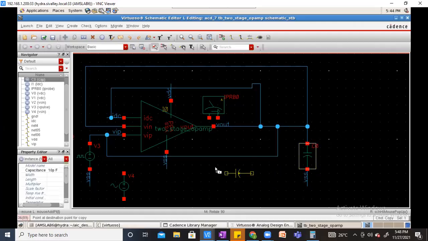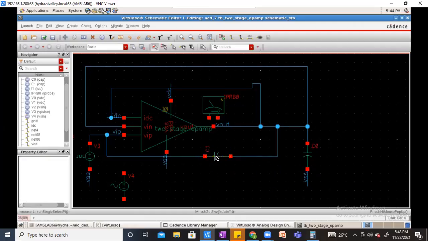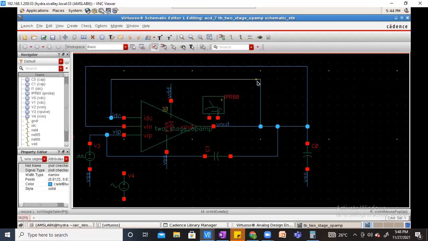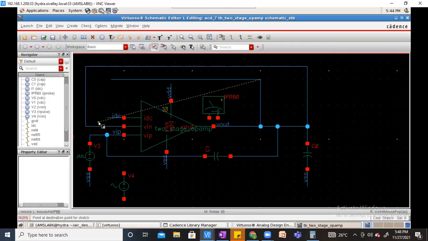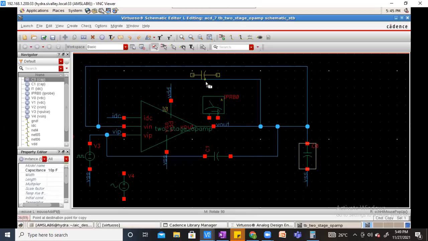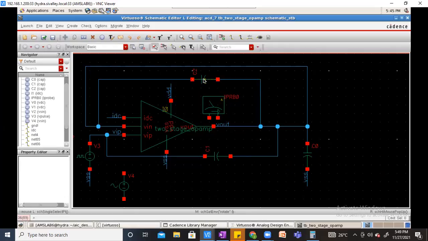If I place the same capacitor here, I'm placing multiple. Essentially, my intention here is to make multiple poles, sorry, multiple loops, which essentially have different poles and zeros. This is my intention here. And you can say there is one more capacitor here. Okay, these are all different loops.